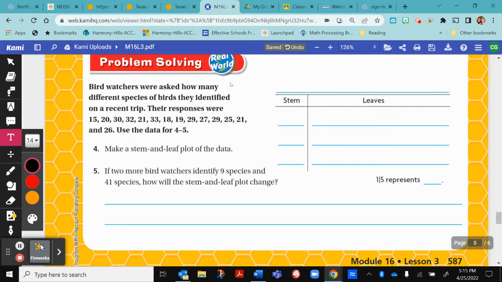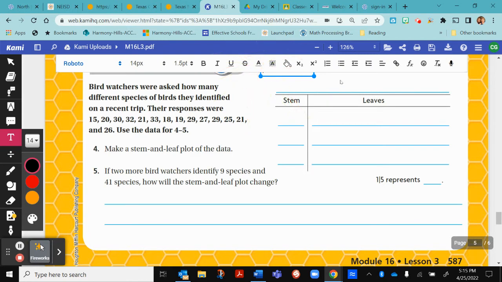Bird watchers were asked how many different species of birds they identified on a recent trip. And here were their responses. So there's the list of their responses, and we're going to use the data for 4 and 5. Don't forget that this bottom number right here where it says 26. So make a stem and leaf plot of the data. I'm going to go ahead and type in my numbers.